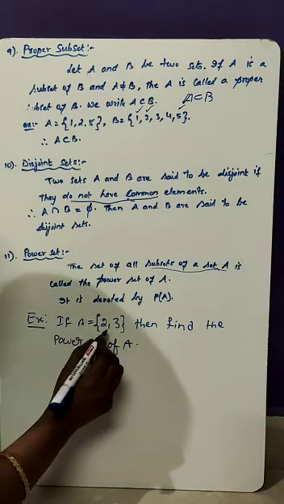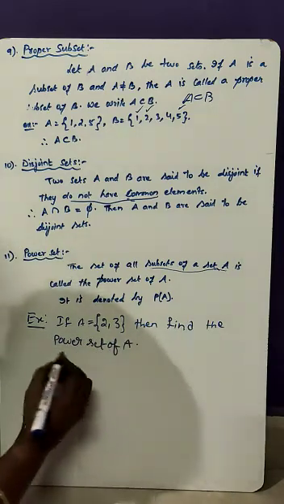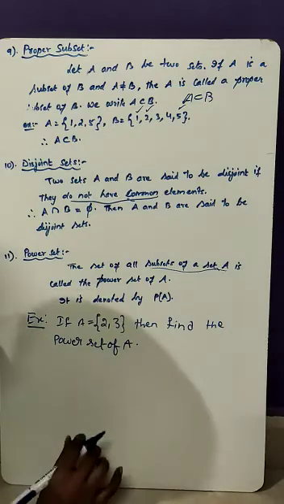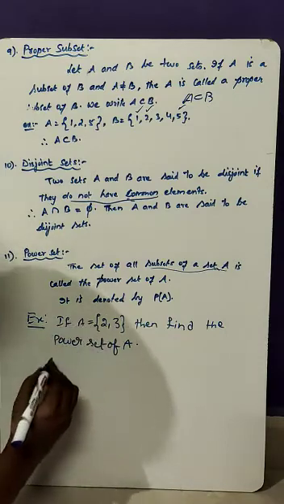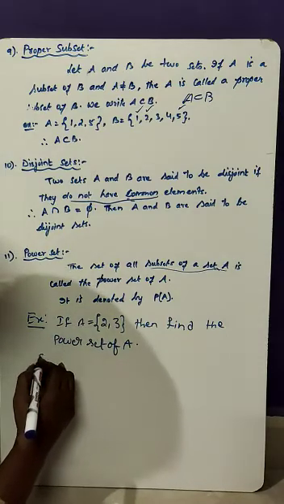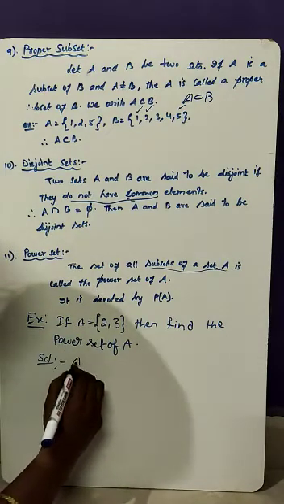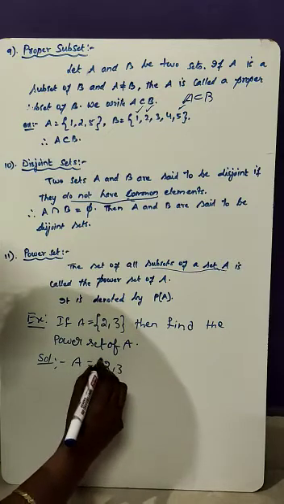If A is equal to {2, 3}, then find the power set of A. How do we write it? First you have to write the subsets of A. Look at what elements A has: A is equal to {2, 3}.